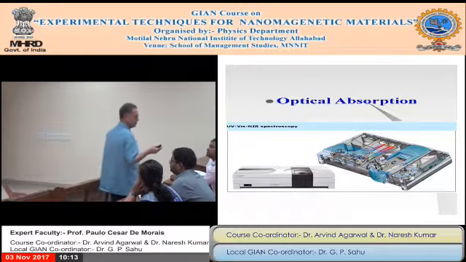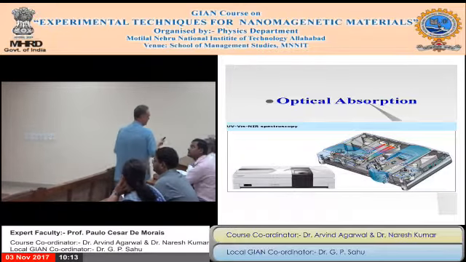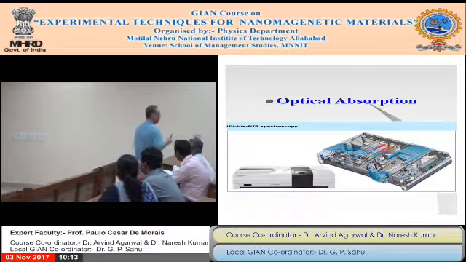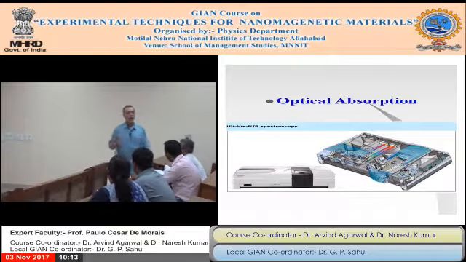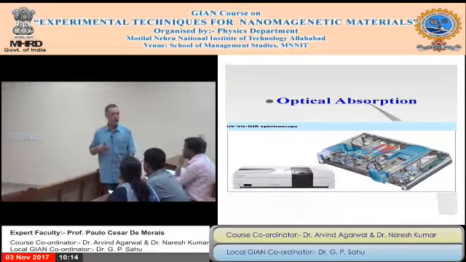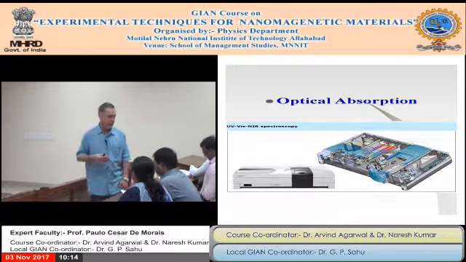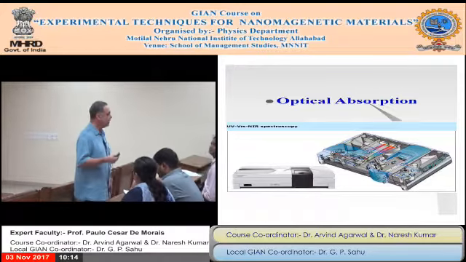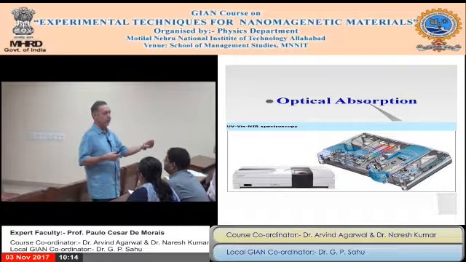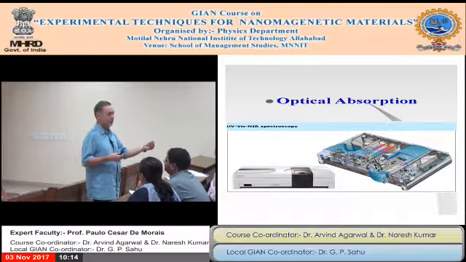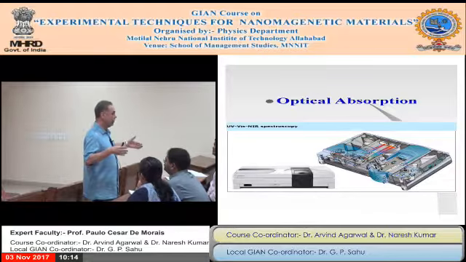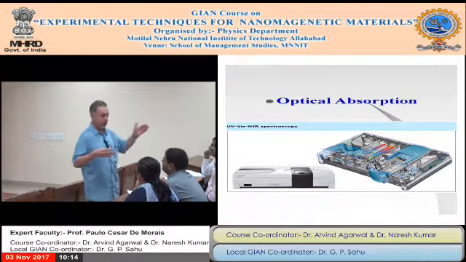That's all. These days, for most of the absorption, especially the absorption spectrometer, the source of light is a lamp, a bulb, because it's easy to extract wavelength in a wide range.